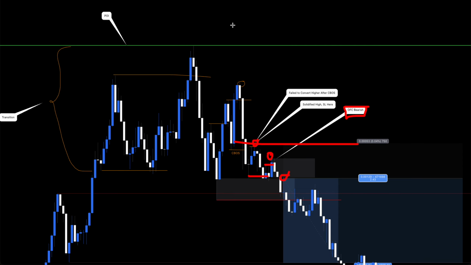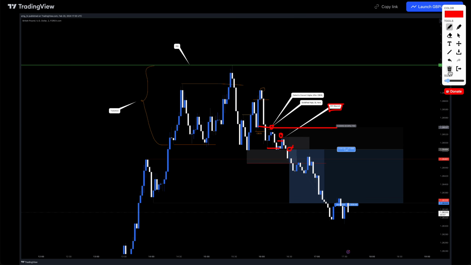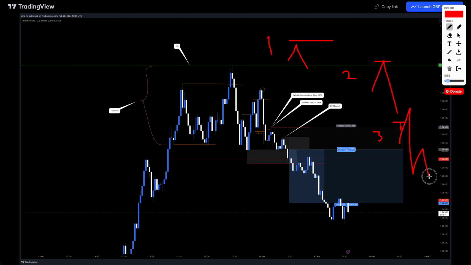And bear in mind as well, you've got to remember the three things that can happen at a POI, like an SC, or an inefficiency. 1, it can react to the open. 2, it can react to 50% of the POI. Or 3, this is a wick, it can break the POI before going lower.